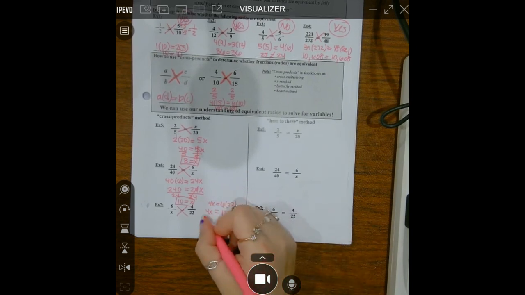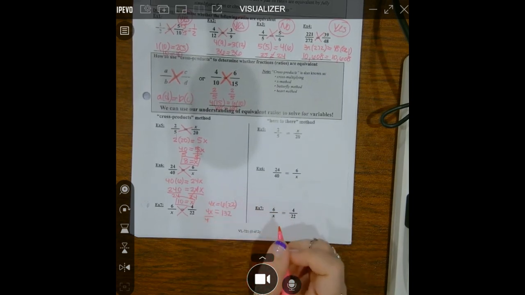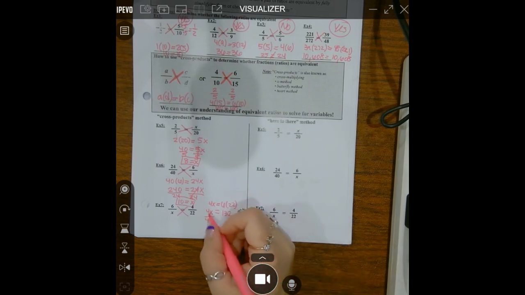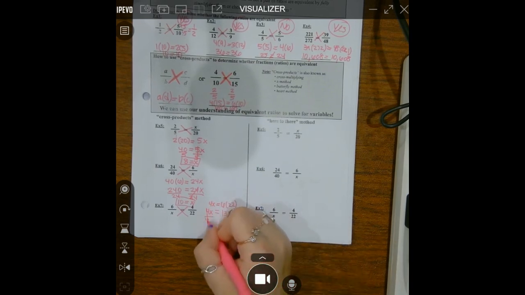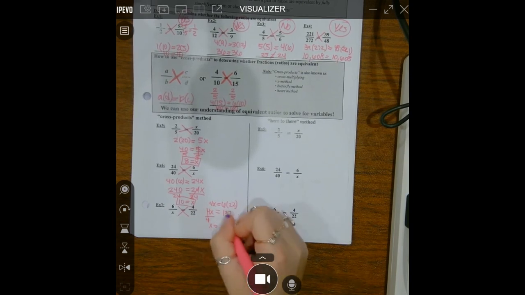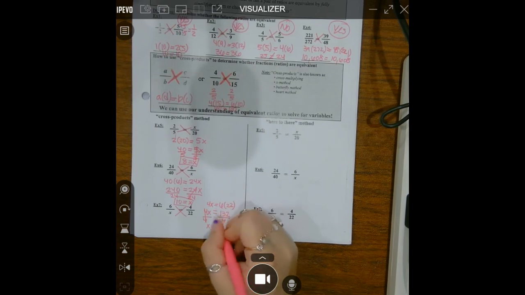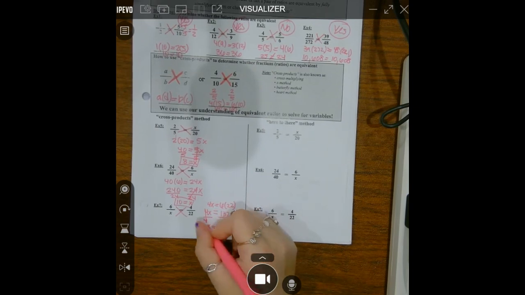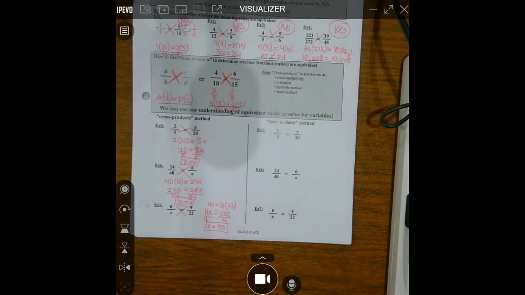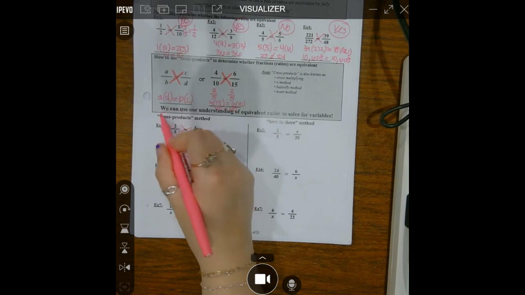And now to get x by itself, I need to get rid of that 4, which is being multiplied, and the inverse of multiplying is to divide, so 4 divided by 4 is 1, or 1x. And don't forget, do it to the other side as well. And 132 divided by 4, you get 33. Okay, and there you go. You just solved for the missing piece in order to create an equivalent ratio by using cross products.